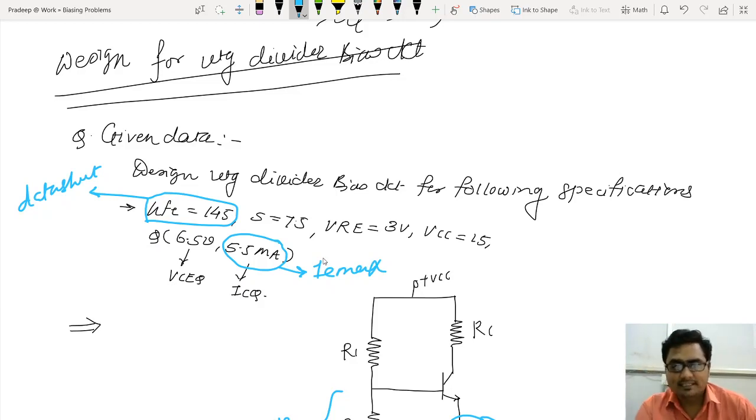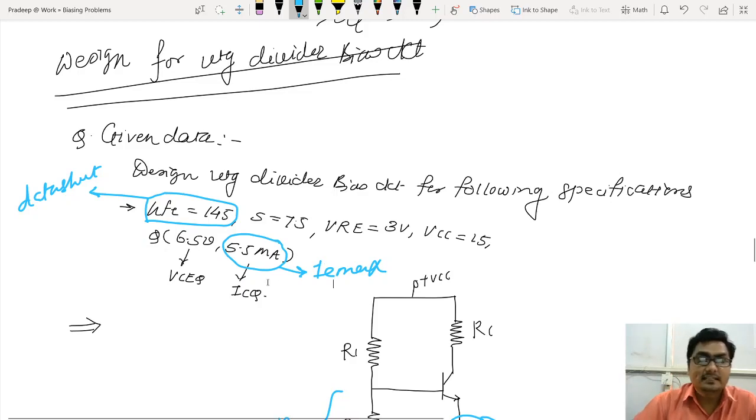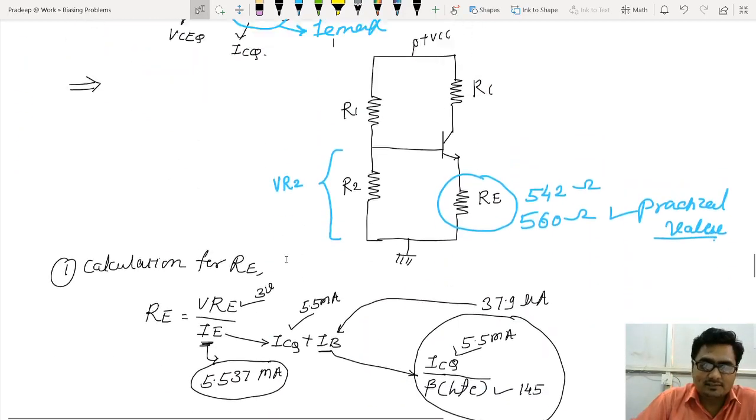So as we have only one thing in our hand, that is HFE, go to the datasheet, select a general purpose transistor which has HFE nearly 145, and you can finish the thing. So this is how we can design a voltage divider bias circuit.